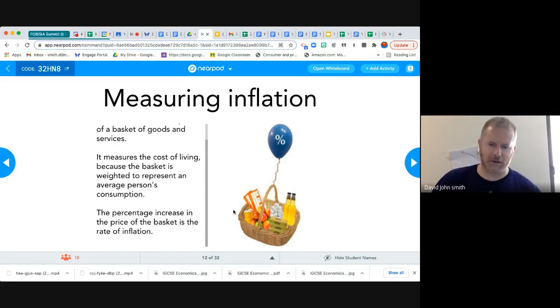So what we're then doing is taking that basket and we are going to measure the percentage increase in the price of the basket as a whole. So we're going to need to add together all of the goods and services prices, and we're going to work them out as a percentage. Yes, you can see the maths. And then we're going to compare that percentage over time. And trust me when I tell you this, government statisticians do this.